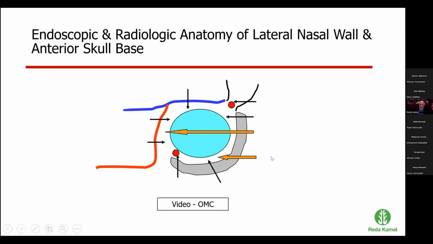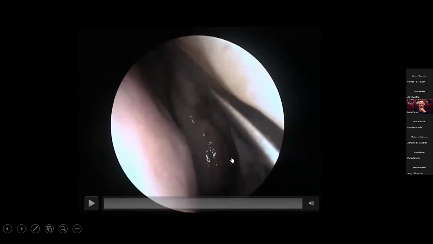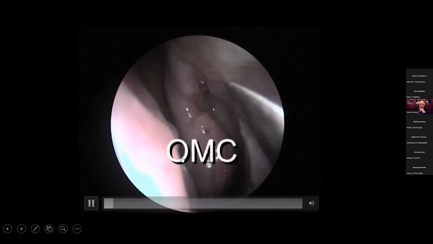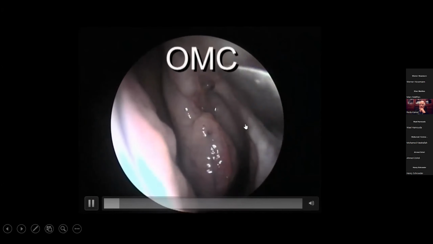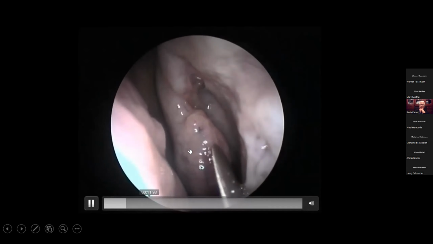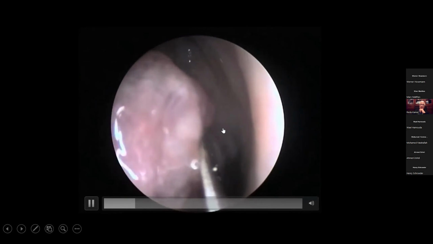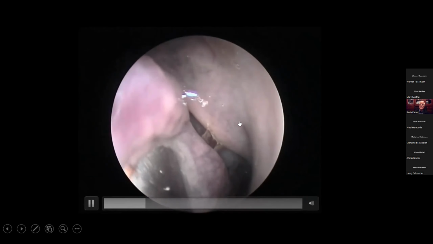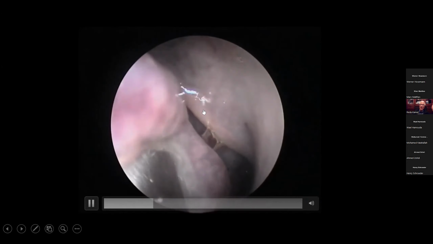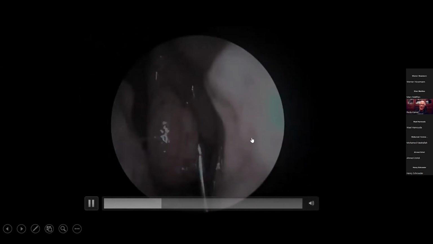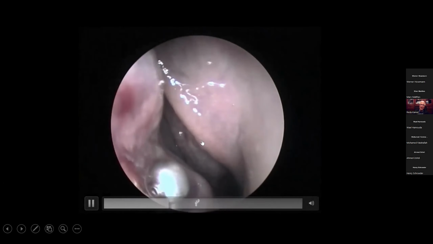So, anatomy again. One should be aware of the anatomy. I just want to make sure that you are able to identify this. We are on the left side, nasal septum, middle turbinate, diagnostic endoscopy. Here we are, this is the uncinate process. We are between the middle turbinate and the lateral nasal wall, the middle meatus.